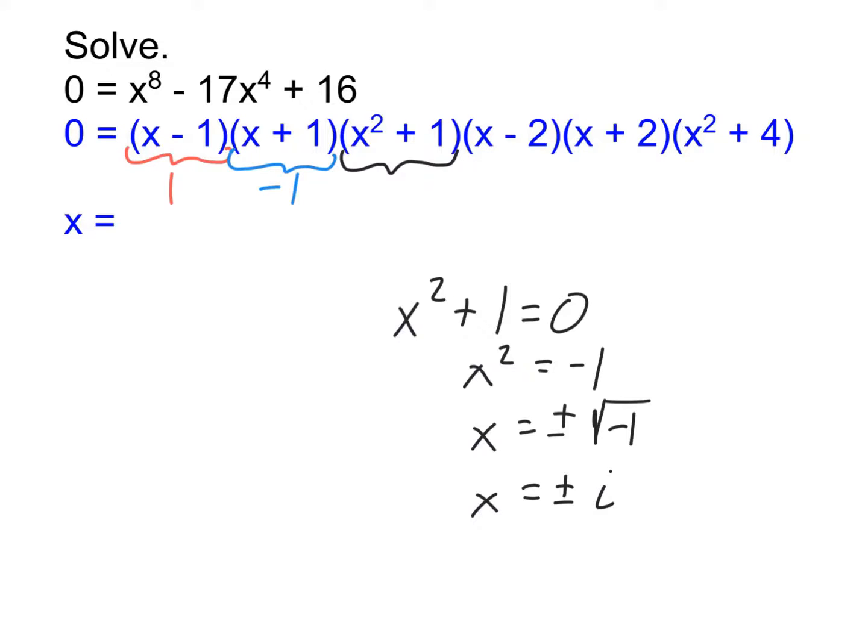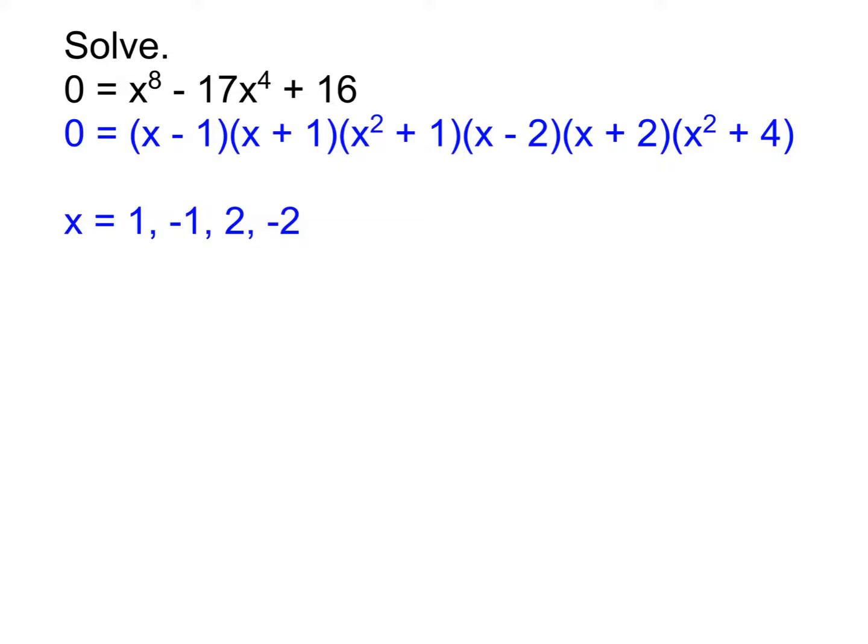So I will skip that in finding the solutions and then go on to the x minus 2 next. And so we end up with actually only 4 solutions for this problem, even though there were 6 parentheses. The ones where it was just x plus or minus a number, we could solve those. The x squared plus 1 and x squared plus 4, couldn't get any real solutions out of those, so they just are skipped over basically.